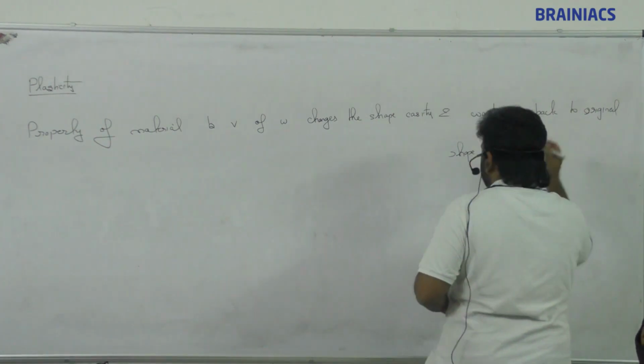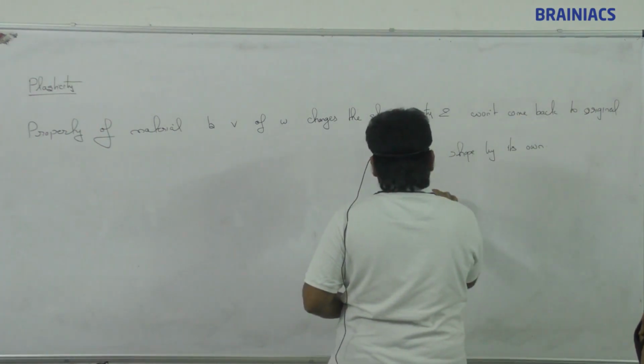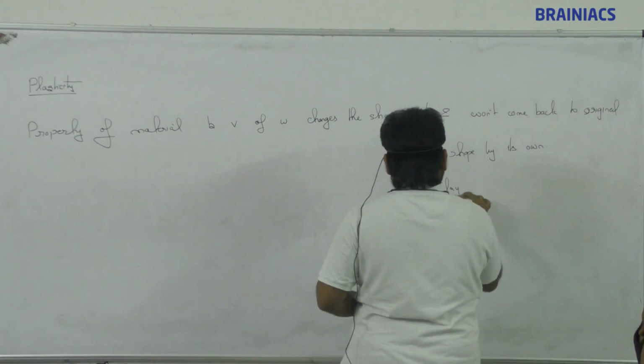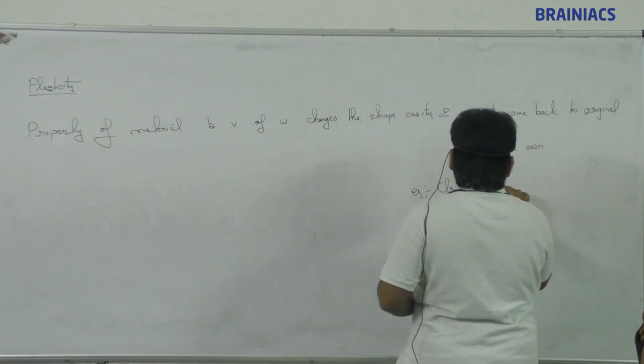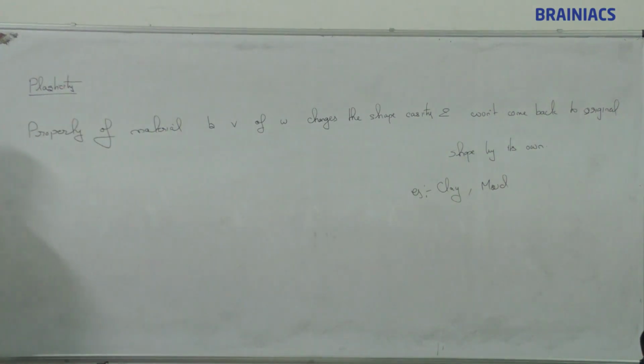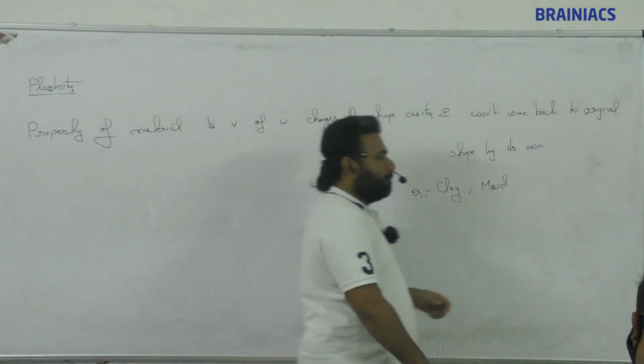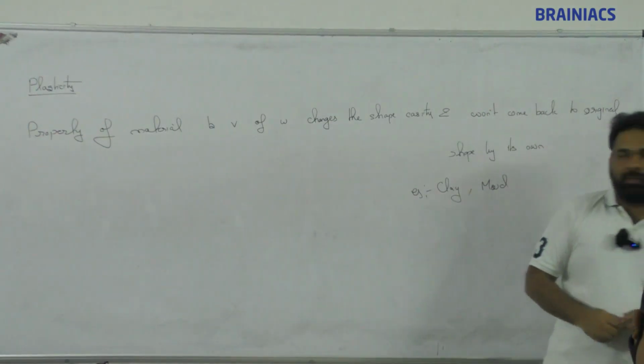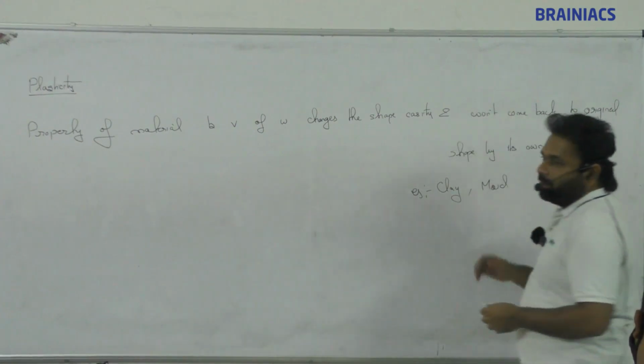Okay, so one example is clay, mud. We like to play with clay, making different shapes. Children like to play with mud, same thing. So elasticity, plasticity, example clay and mud.